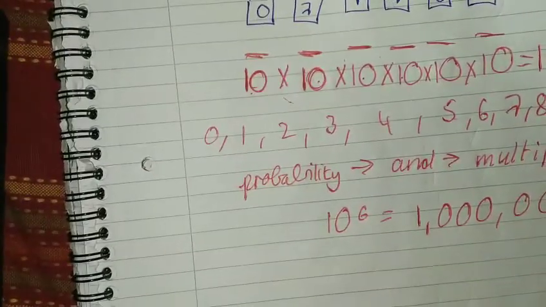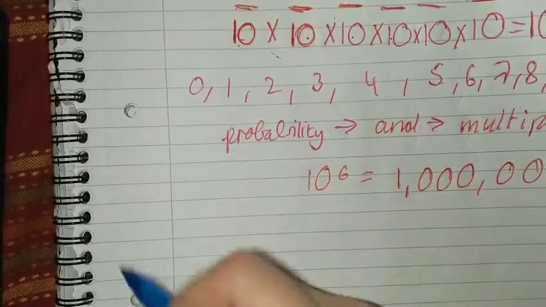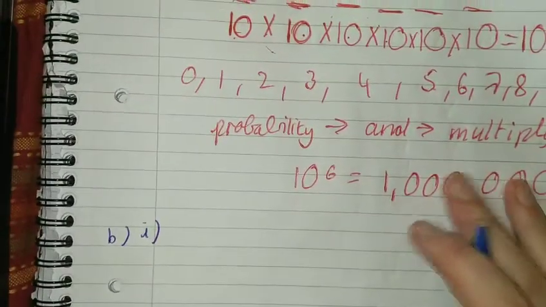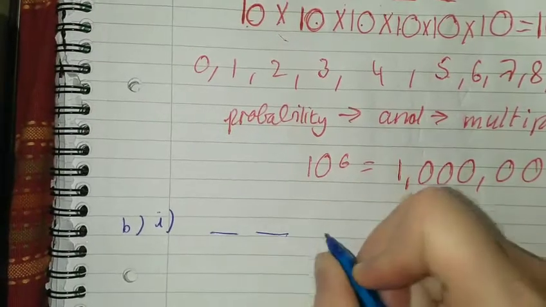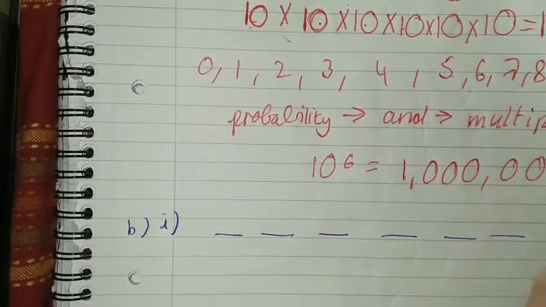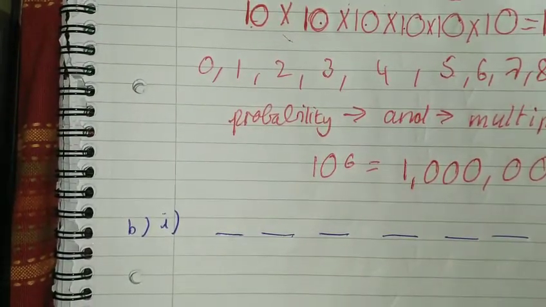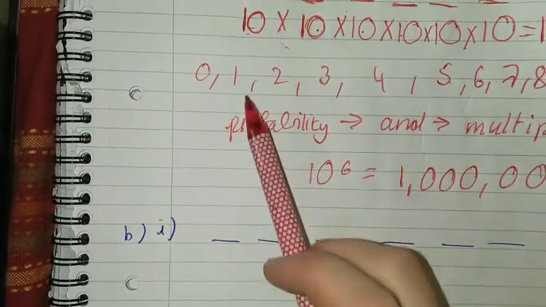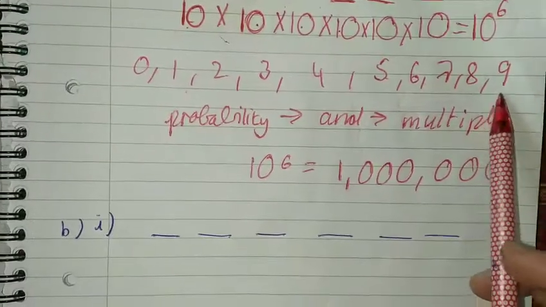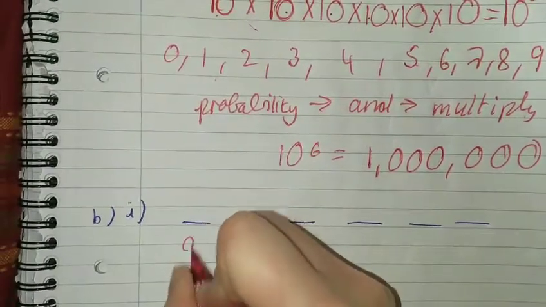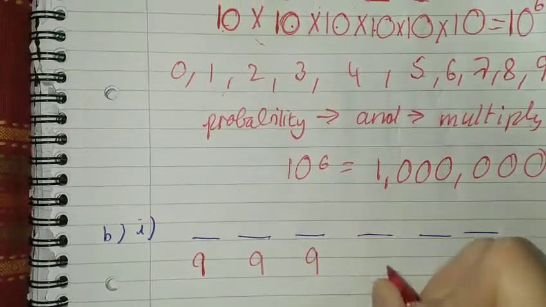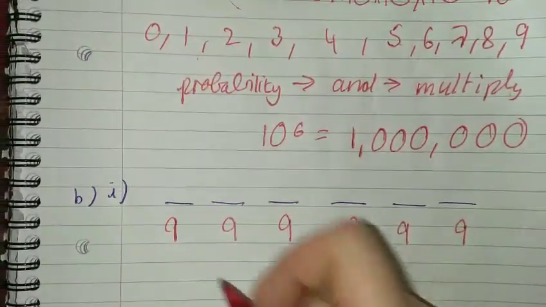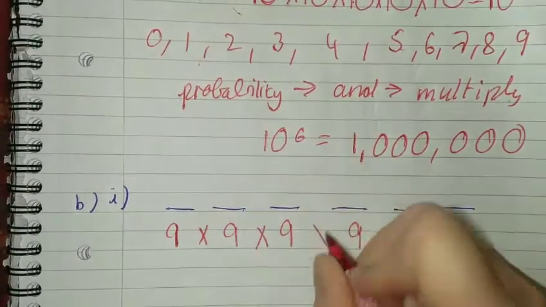And then in part B, we're asked how many different passwords do not contain any 0. So we know a password has 6 numbers, but if it doesn't have any 0 and the numbers can be repeated, well then if we just can't include 0, we're going to have 9 options left. So now we have 9 options, and because none of the numbers in the password can contain a 0, there's going to be 9 for all of them.